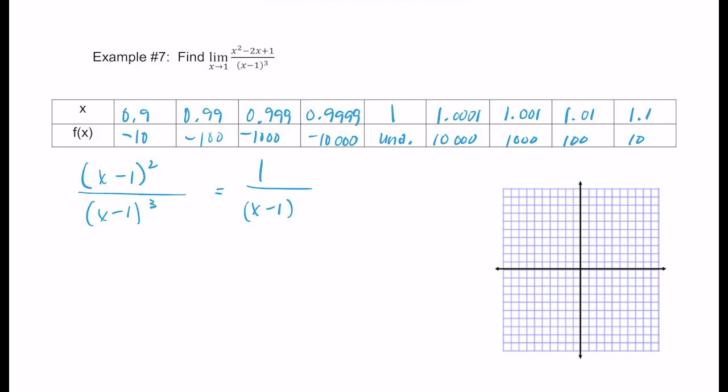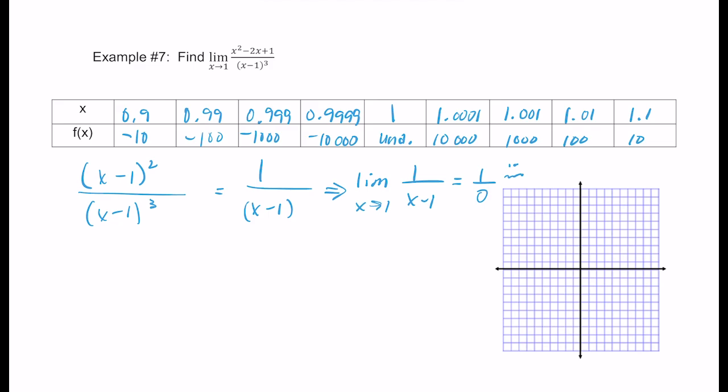So now, if I was to try to take the limit as x approaches 1 of 1 over x minus 1, try plugging in the 1, you would get 1 over 0, which is undefined.